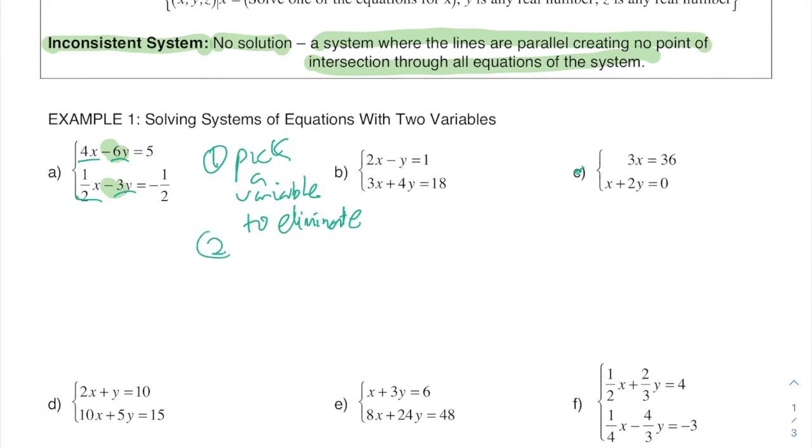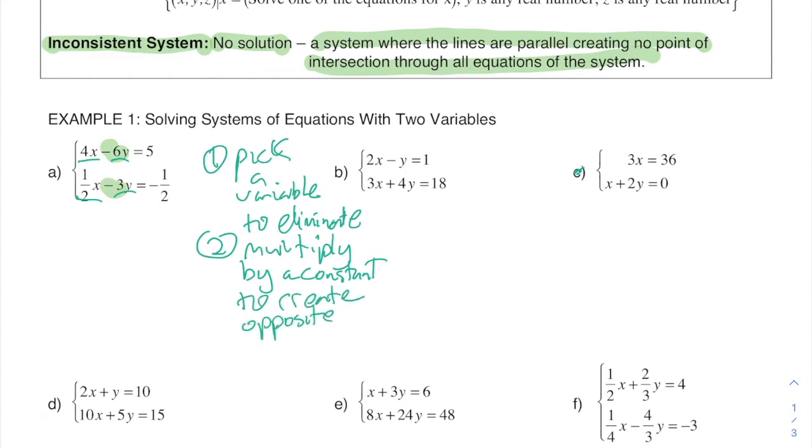So the next thing is multiply by a constant to create opposites. I'm going to multiply this bottom equation by negative 2.